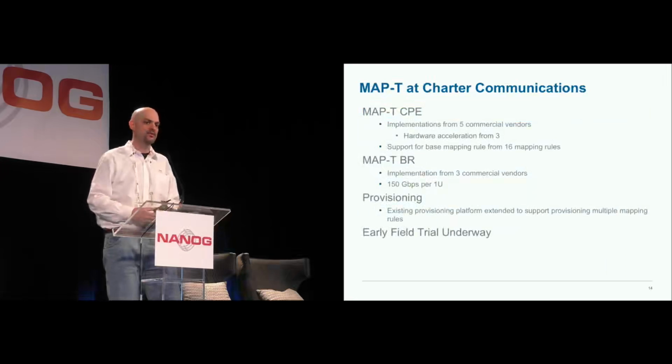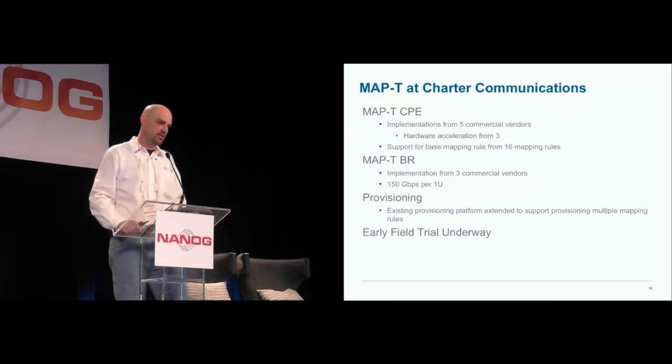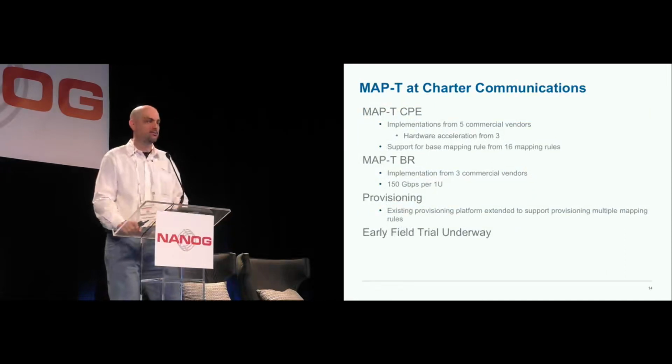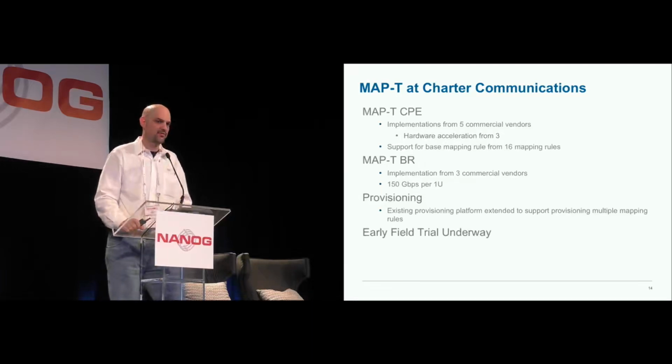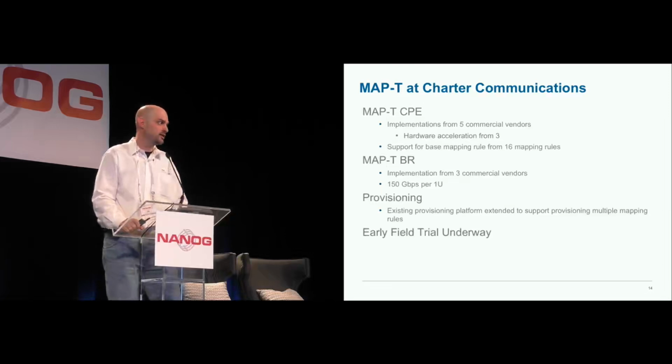MAP-T at Charter Communications. This is the work that we've done so far and where we're at. We have implementations from 5 commercial vendors, a number of them people would recognize in this room. We have hardware acceleration from 3, and we are able to get gig rate throughput with those. They also support a base mapping rule plus 16 mapping rules.